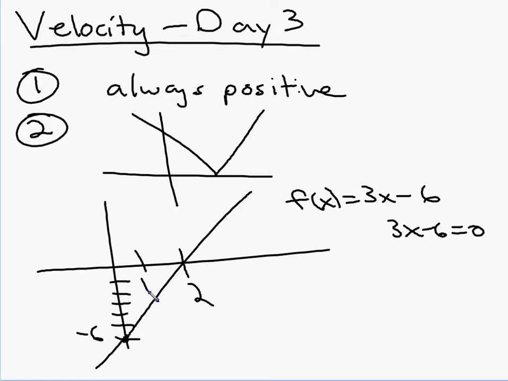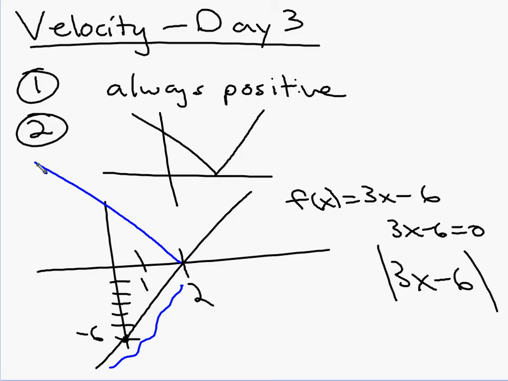Now, if I were to do the absolute value of this linear, the absolute value of 3x minus 6, you just told me that if I take the absolute value of a number, it is always positive. So graphically, what happens is this part down here gets reflected up here.